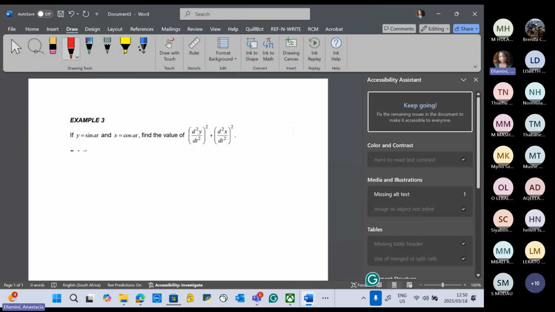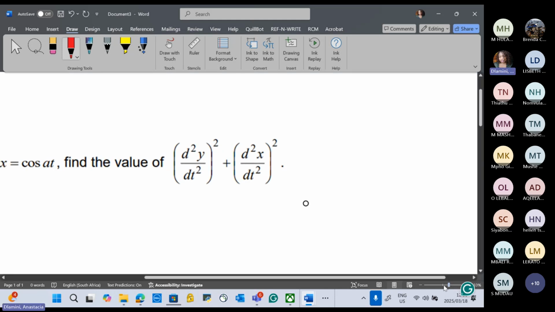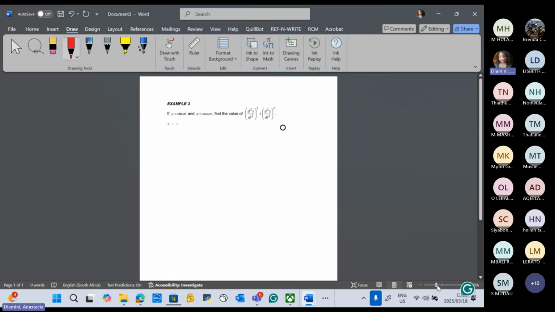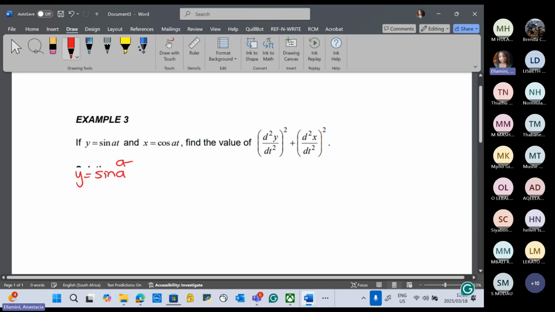So they want us to find the second derivative. Let me just make it small. So we have y is equal to sine of at.